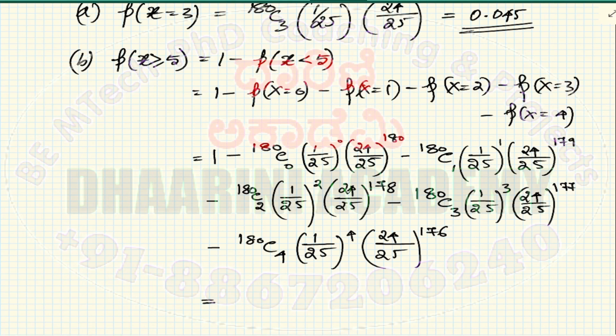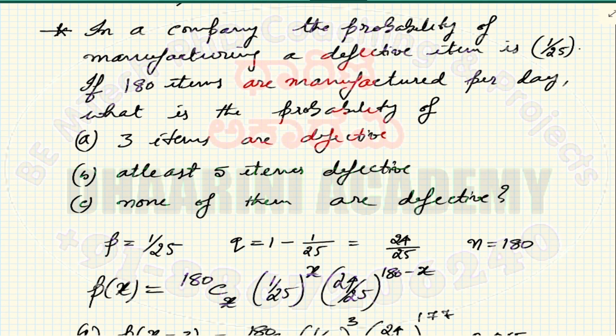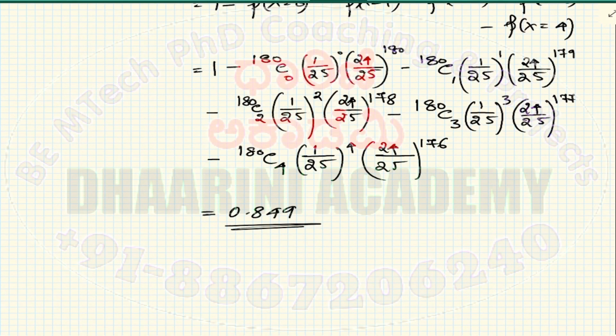Okay, 0.849. And we have a part C. It says that none of the items are defective.